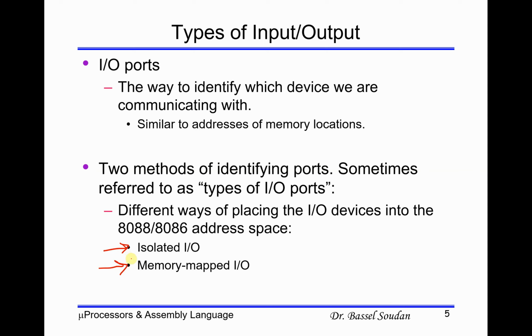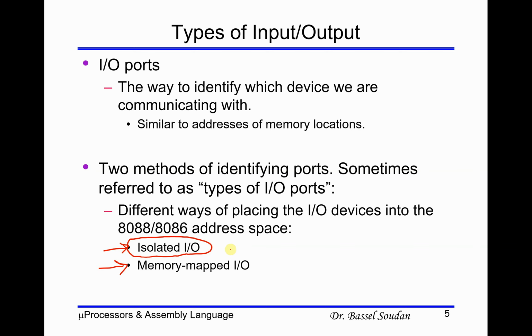The x86 and x88 processors are using this methodology. This methodology indicates that the microprocessor has dedicated instructions to talk to the input output. So I cannot use the conventional move or load or store when I talk to I/O.